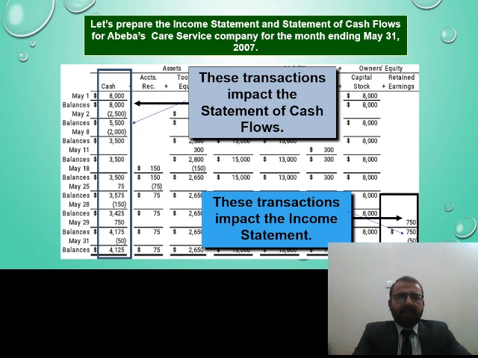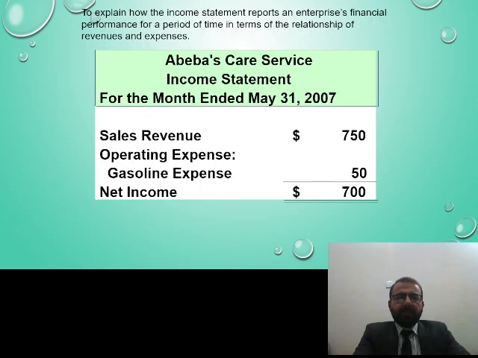Let's prepare the income statement and statement of cash flows for Abiba's Care Service Company for the month ending May 31, 2007. The income statement reports an enterprise's financial performance for a period of time in terms of the relationship of revenues and expenses.